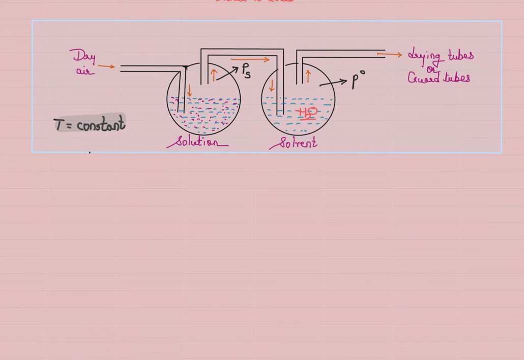You know that dry air has a fixed capacity of holding water vapors. So now, when dry air is made to pass through the first bulb here, it would collect some water vapors. The weight of this bulb decreases, and the decrease in weight of this bulb is proportional to the vapor pressure of solution.